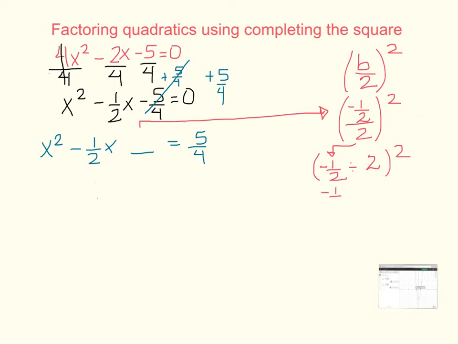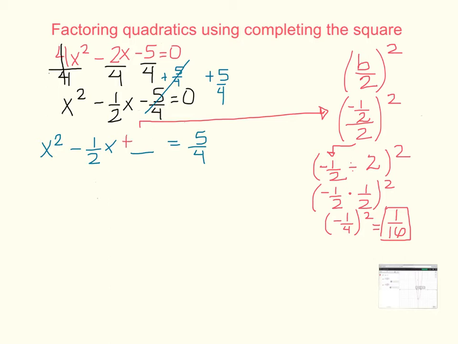Negative 1/2 times 1 over 2 to the power of 2. If you notice, we'll get negative 1/4 inside to the power of 2, which at the end we will get 1 over 16. And that's the magic number that's going to help us to complete the square. That's the number we're going to use to add to both sides of our equation.